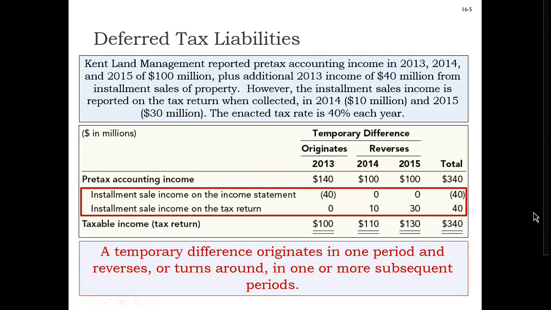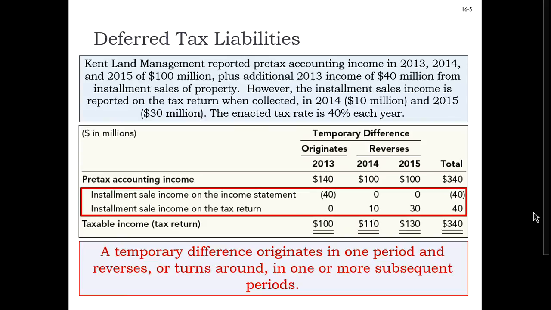We have here Kent Land Management Company, right? So in 2013, Kent Land Management reported $140 million in pre-tax accounting income, which included $40 million from installment sales of property.